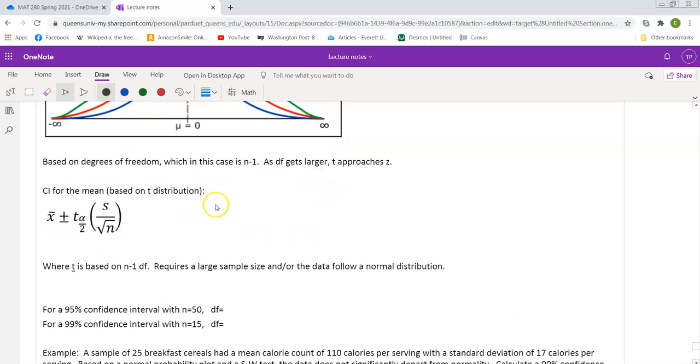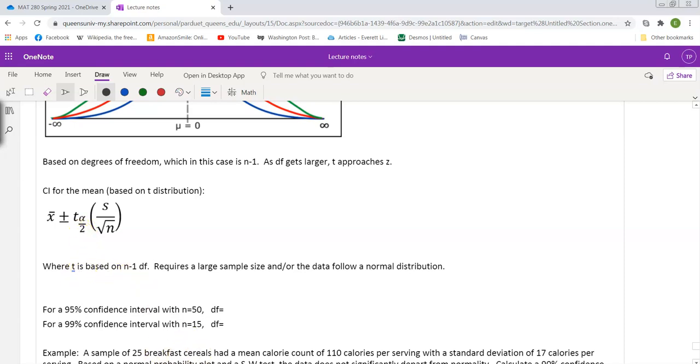So the formula for the confidence interval for the mean, where sigma is unknown, is the same as the one where sigma is known, except for two things. Instead of sigma, we're using S, and instead of the z distribution, we're using the t.